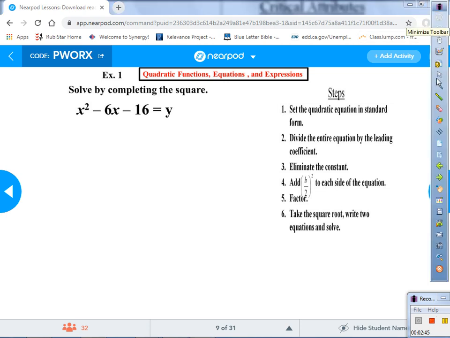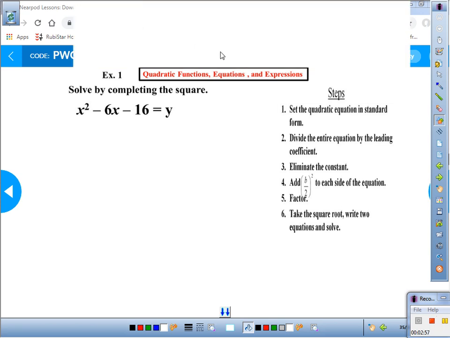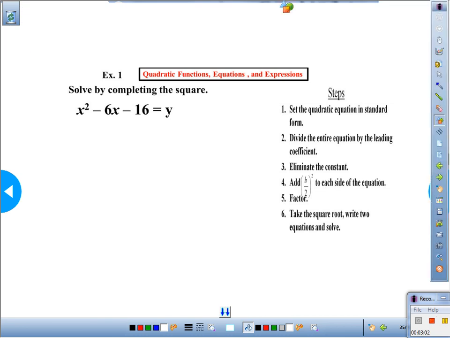All right, here we go. Writing utensils down, look up to the screen. Focus, please. I'm going to go over the process, and I'm going to use the same colors every time, so that you can understand that the process will be the same every step of the way.